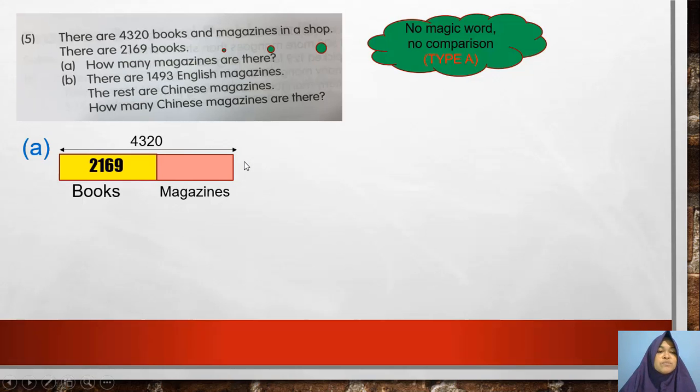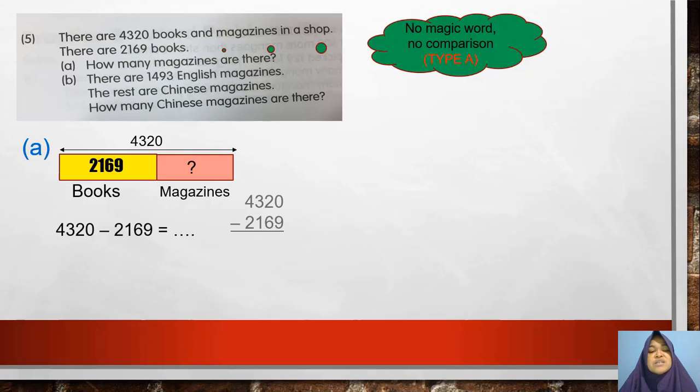And then the books will be 2,169. The question will be for magazines. If the question mark is in the small box, it will be subtraction. The result will be 2,151.